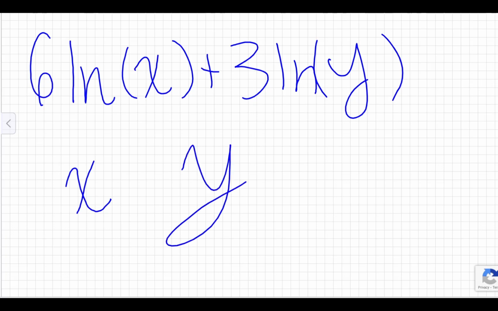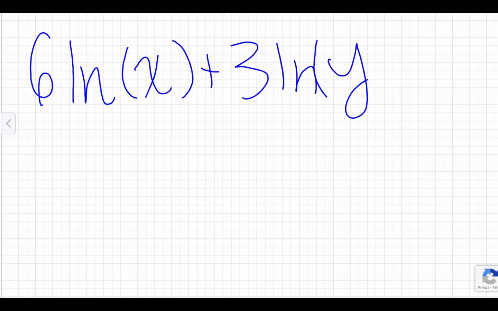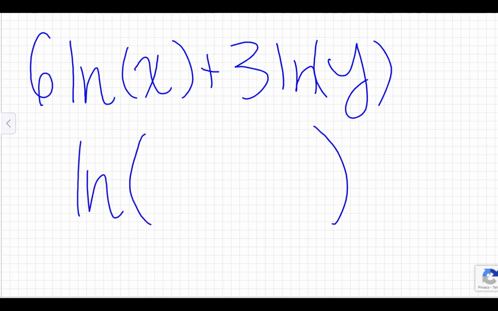These two will be our answers, but we're going to use them a little bit later. We can write ln and condense it into one single parentheses. So we bring out the x, and using the power rule, you put 6 as the exponent.